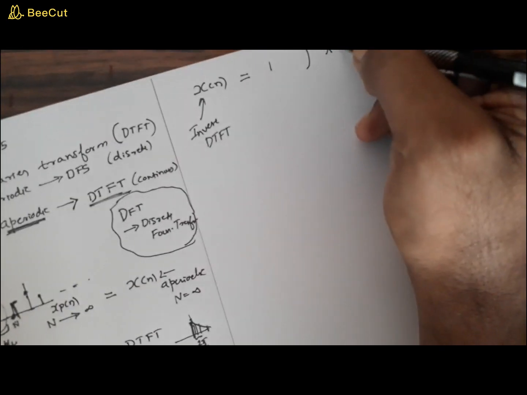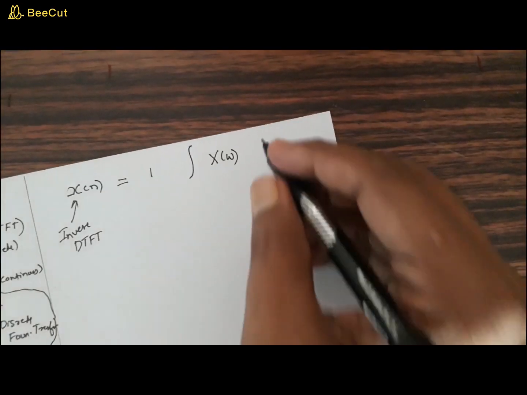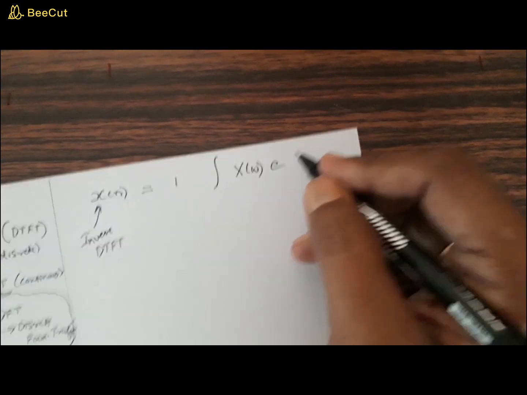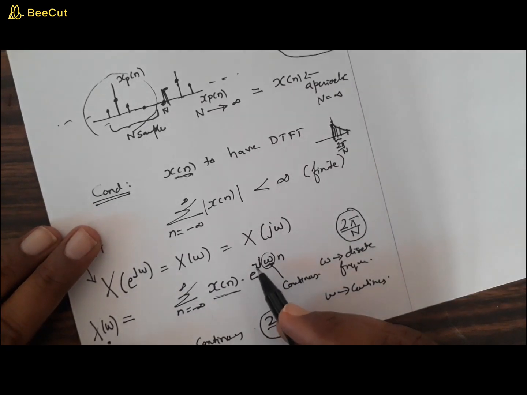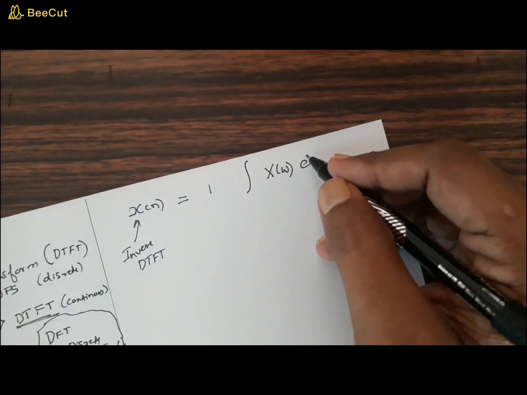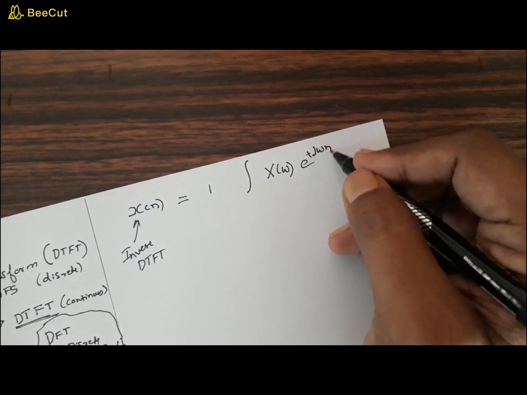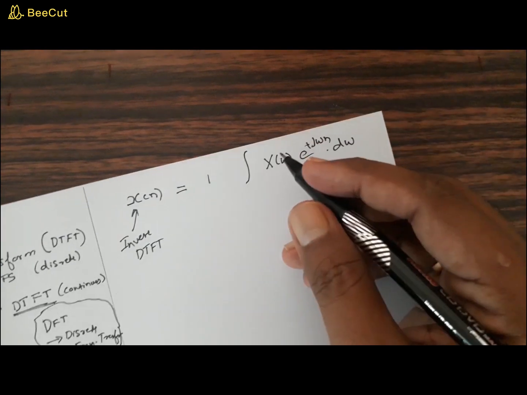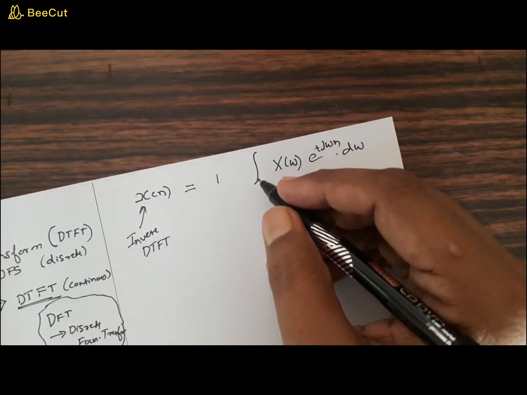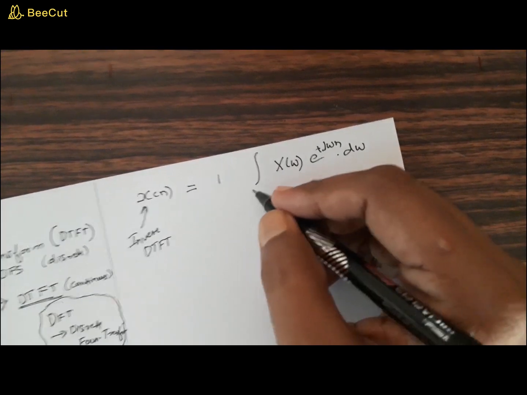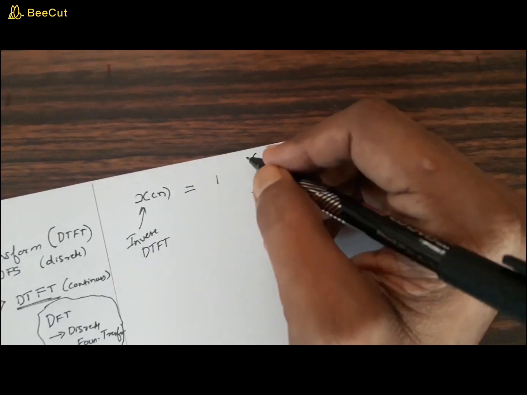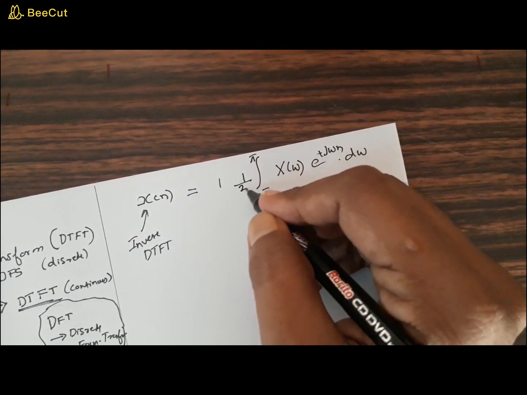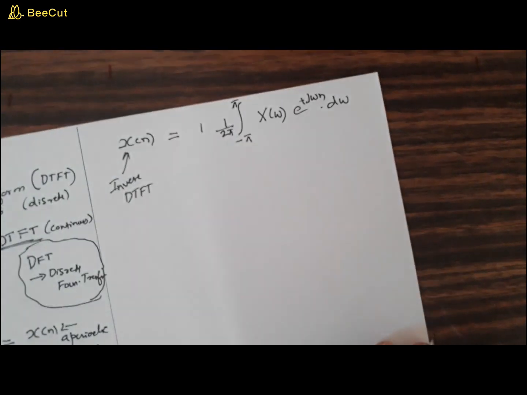We know that X of omega is a continuous function, so definitely you need the help of an integral. Here you have used e raised to minus j omega n, so in order to find the inverse, it will be plus j omega n. Then this is a function of omega, so you need to integrate with d omega. And this is equal to 1 by 2 pi, integral from minus pi to plus pi.